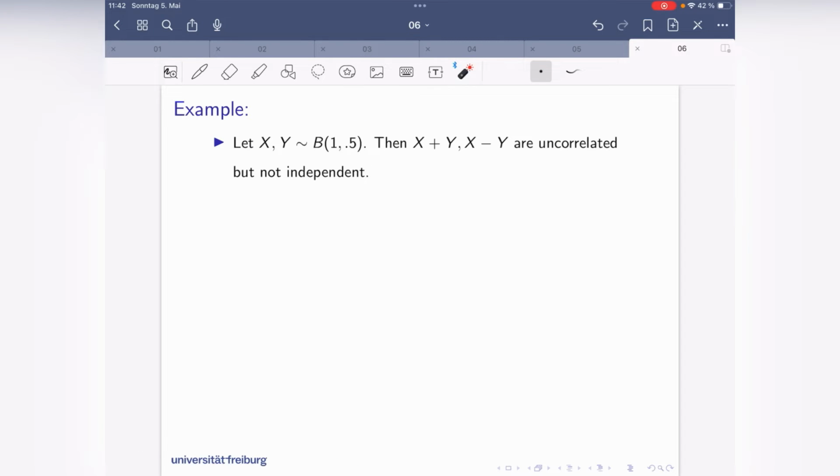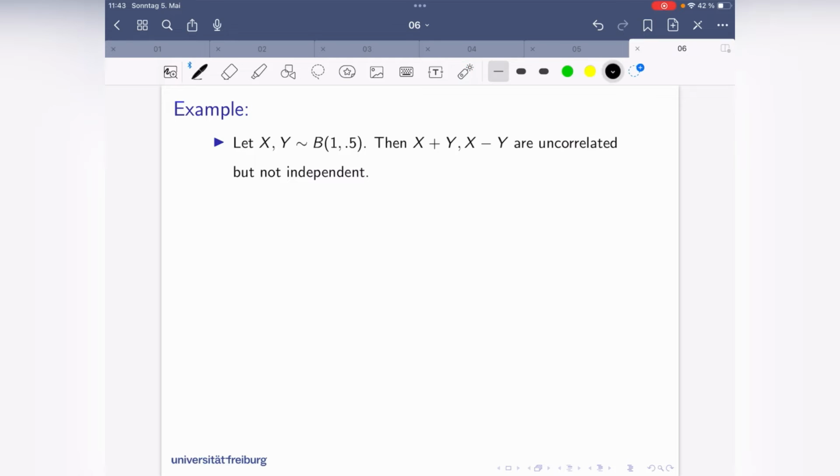But beware, and you know this already, if two random variables are uncorrelated, they don't have to be independent. And here's an example. Two very simple things. X and y can be 0 and 1, both with probability a half. And I can have x plus y and x minus y.